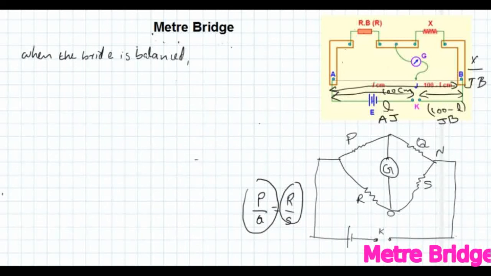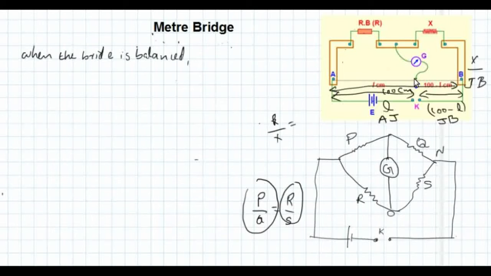That means P by Q should be R by X. Then R by S should be the resistance of the length AJ divided by the resistance of the length JB.